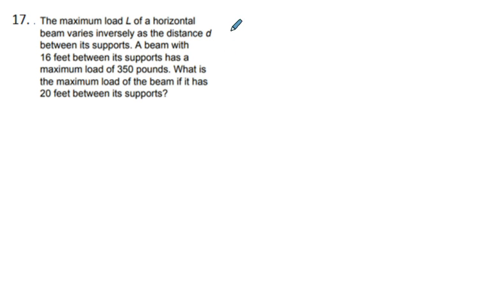Okay, the maximum load of a horizontal beam varies inversely with distance. So the load L varies inversely as the distance D. A beam with 16 feet between supports has a load of 350. So 16 goes down here and 350 goes over here.